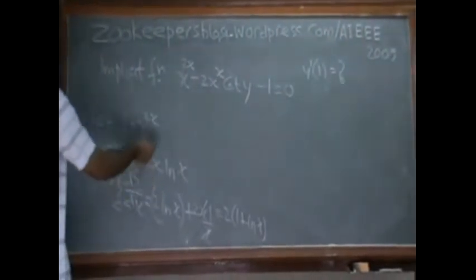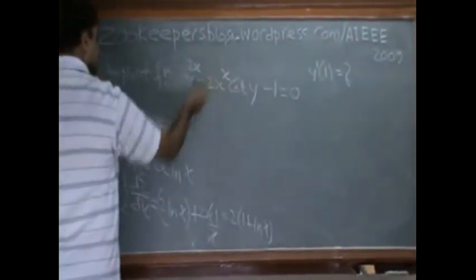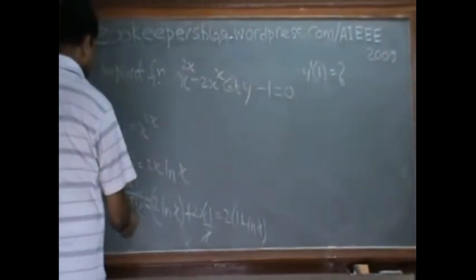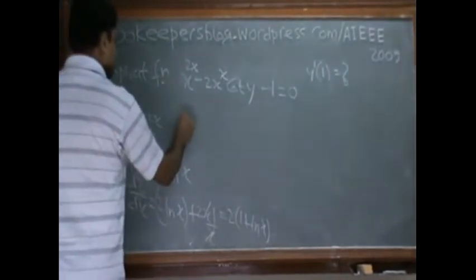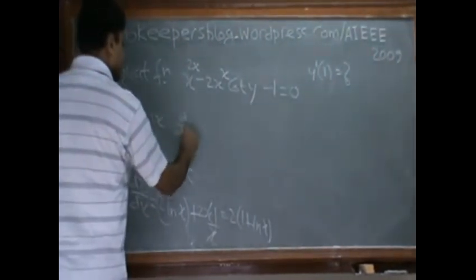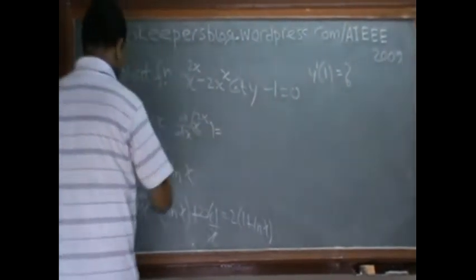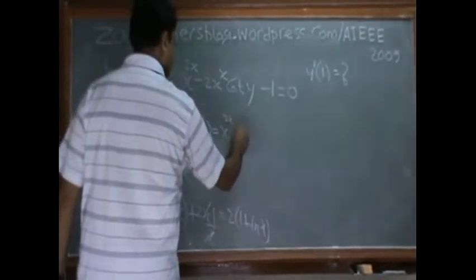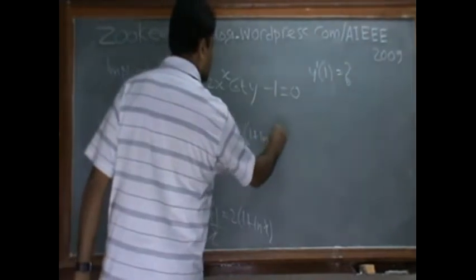This 2 came because of the power 2. We can see that if it is x to the power x, then this 2 will not be there. So d/dx of x to the power 2x is x to the power 2x into 2 into (1 plus ln x).